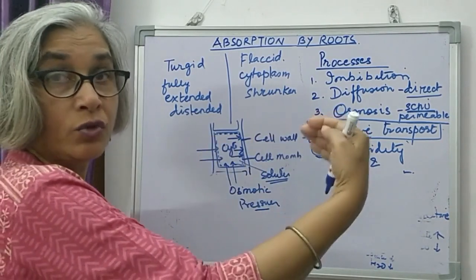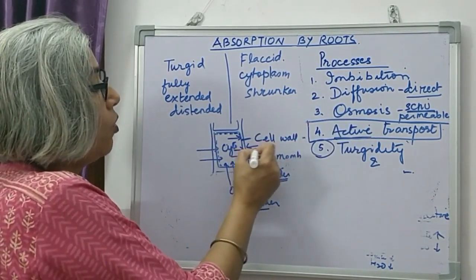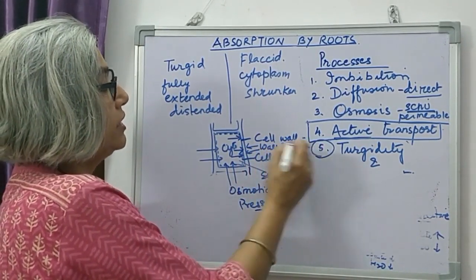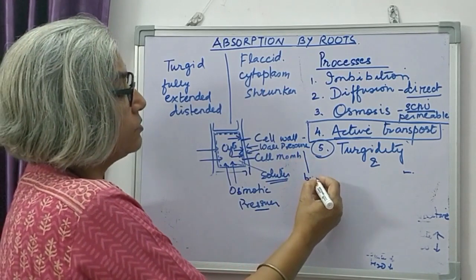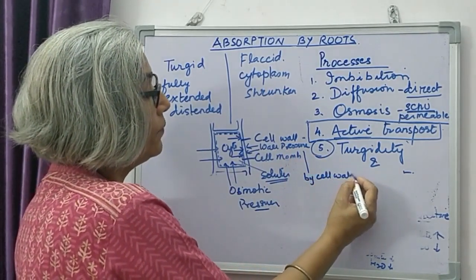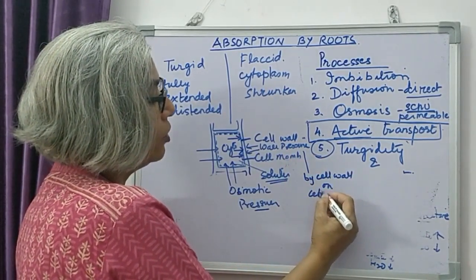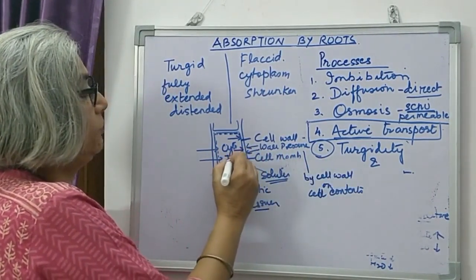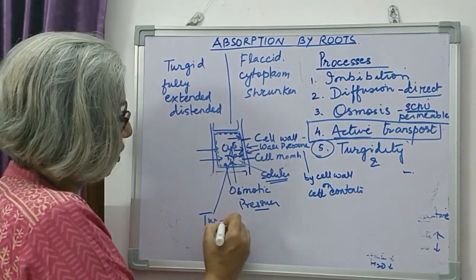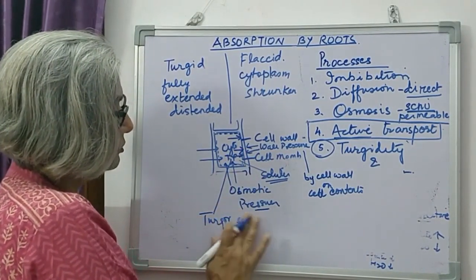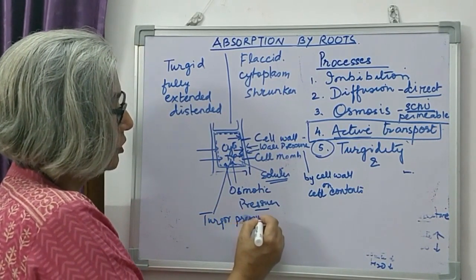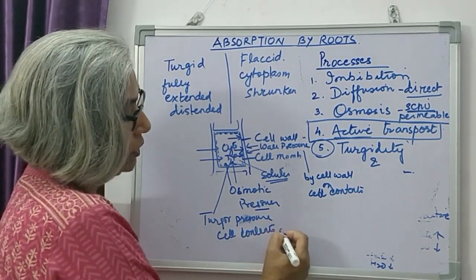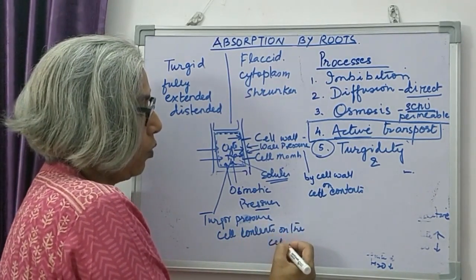And to counter that turgor pressure, wall pressure is applied by the cell wall on the cell contents. Turgor pressure, this TP, is because of the pressure applied by the cell contents on the cell wall.